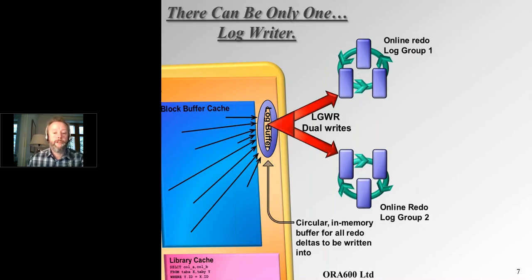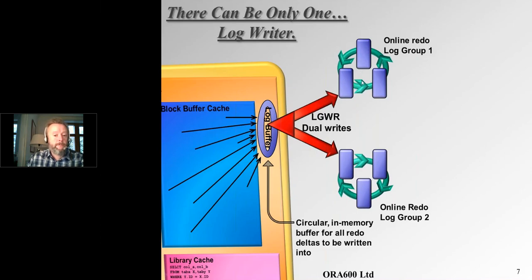Now very often, these are duplicated. There'll be 2 or 3 or 4 sets. And it's absolutely vital for safety of your database that you duplex or triplex the online redo logs. So you have 2 groups or 3 groups. And the log writer will write to both of them, or all 3 of them, depending on how many you've got. And the reason that you always have more than one group is one of these files could get damaged.